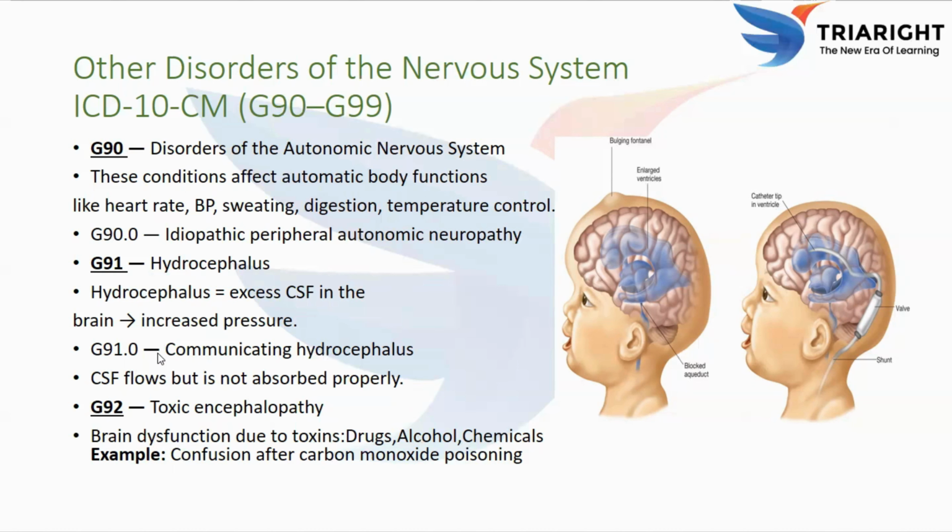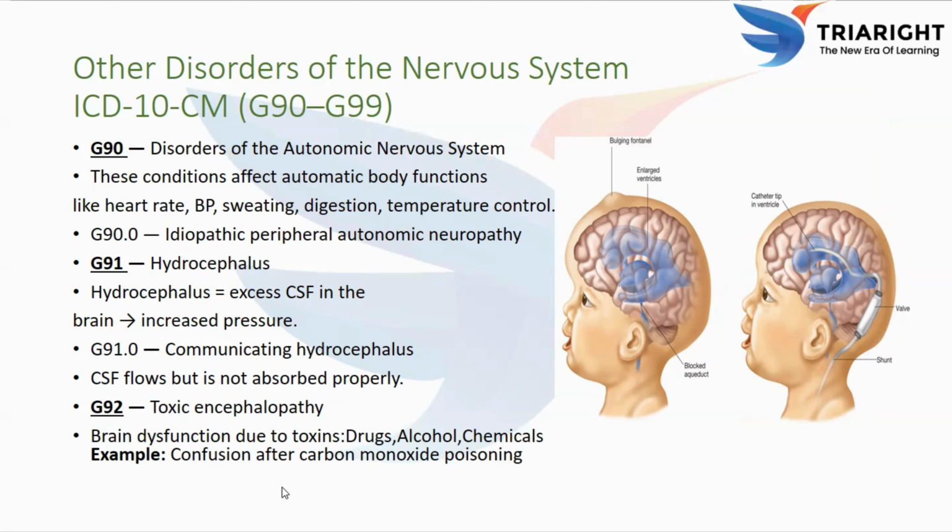And next, coming to G92, it's toxic encephalopathy. What do you mean? Encephalopathy means nothing but dysfunction of the brain. Toxic means caused by harmful substances, for example drugs, alcohol, chemicals, carbon monoxide poisoning. What is an example of toxic encephalopathy?